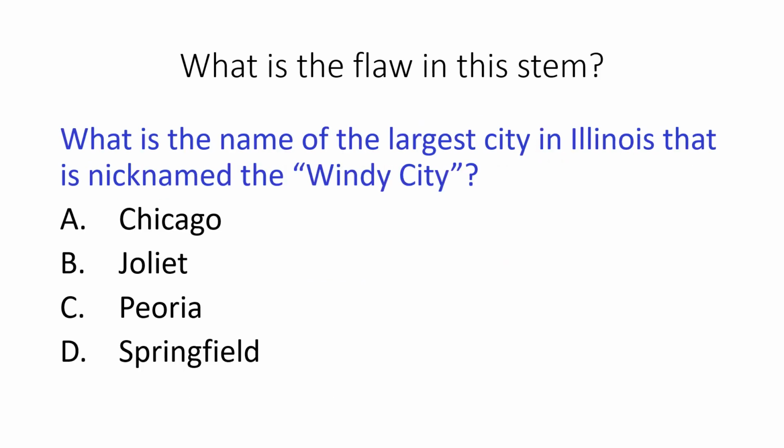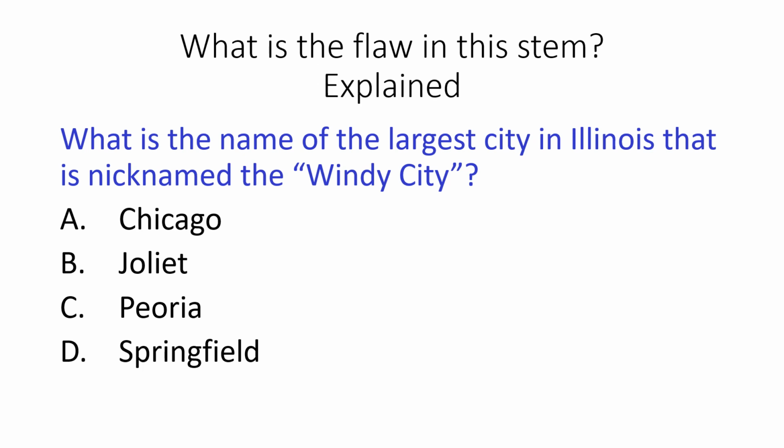What is the flaw in this stem? There are too many clues in this question. What is the name of the largest city in Illinois that is nicknamed the Windy City? You gave them 2 clues.